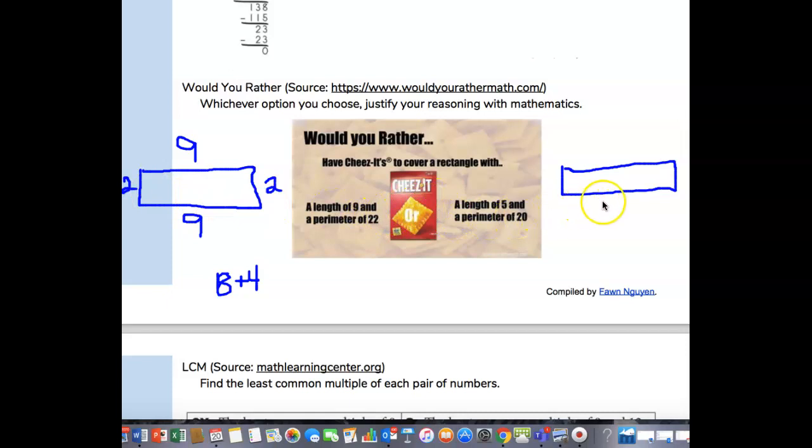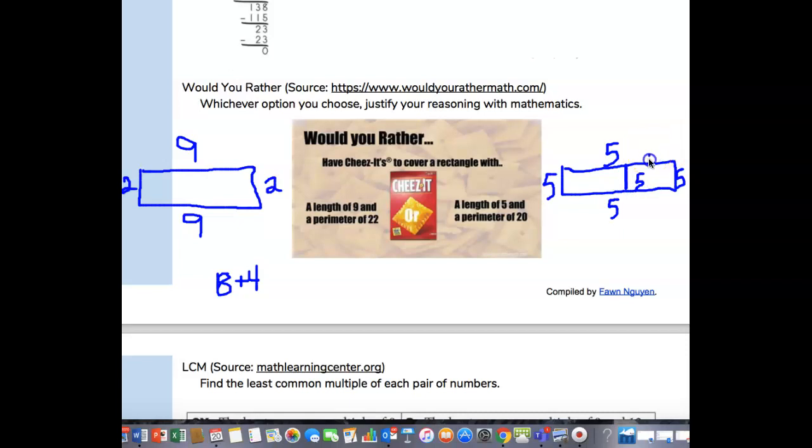Okay, so let's look at this one. The length of 5 and a perimeter of 20. So this is 5 and this is 5. So that's 10. And then 20 take away 10 is 10. Okay, well, so this one should have been like a square. So guys, don't be confused by my drawing here. This one should look like this.